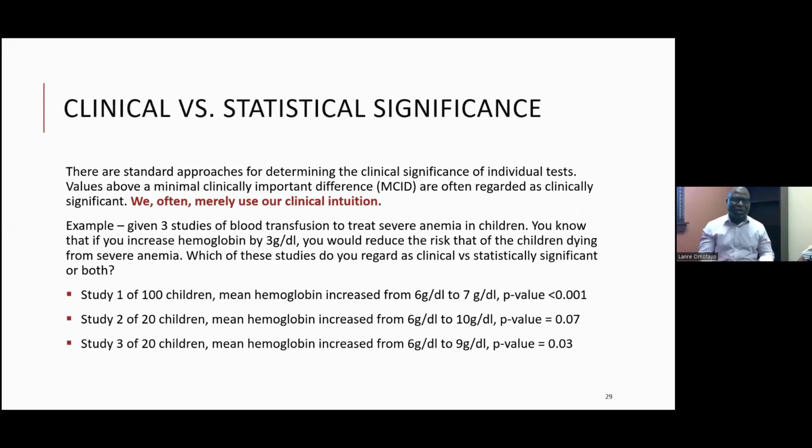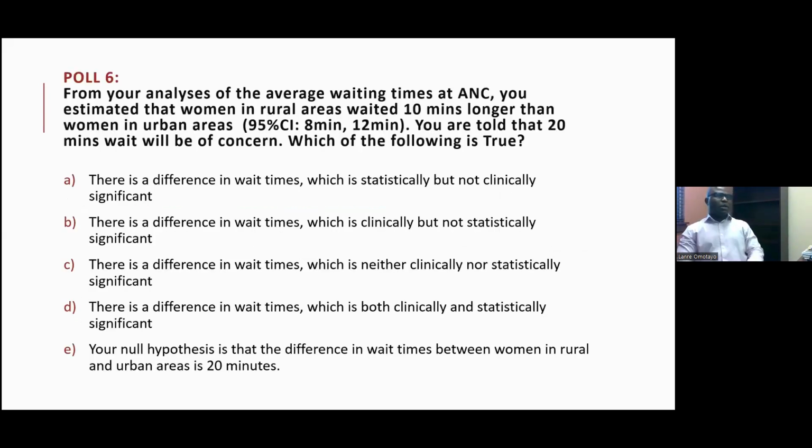What we have is a convention, a consensus, or we're using our clinical intuition. But the whole essence of this conversation is that we should understand that just getting a p-value that's below your alpha is not the end of the conversation. You also need to think about how that moves the needle in the substantive question we're trying to answer. So I think we're just going to move on from this poll also.